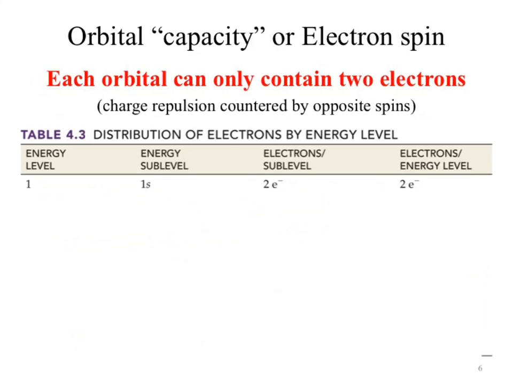What happens if we move up to our second energy level? How many sublevels do we have? Sublevels are the types of orbitals.